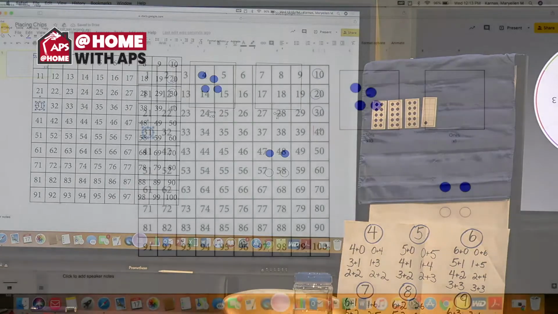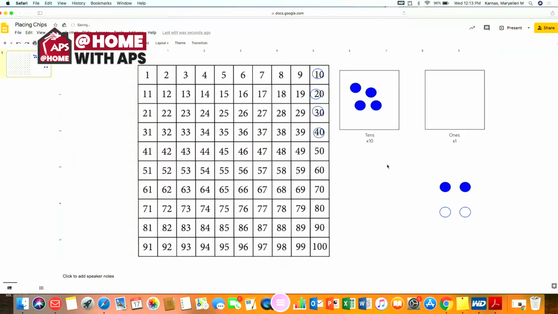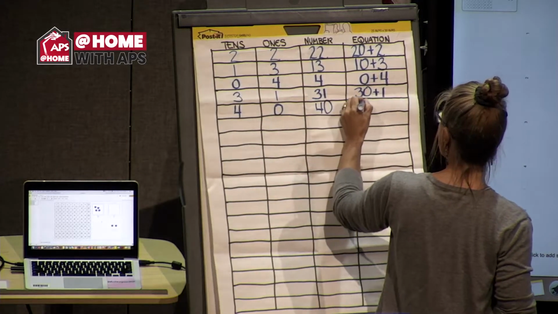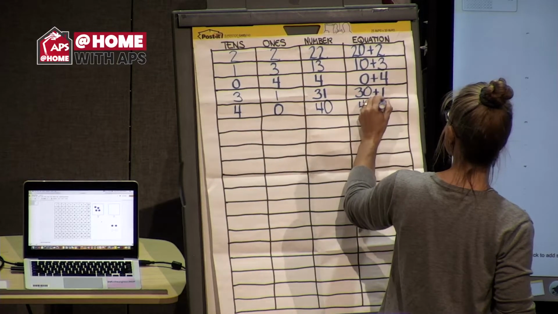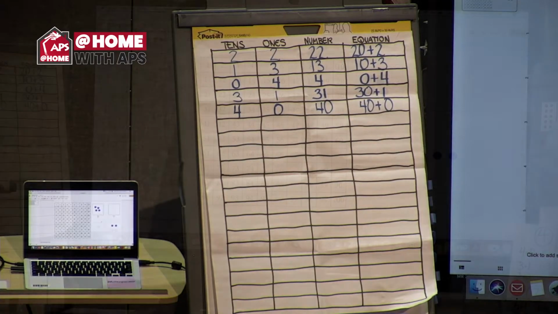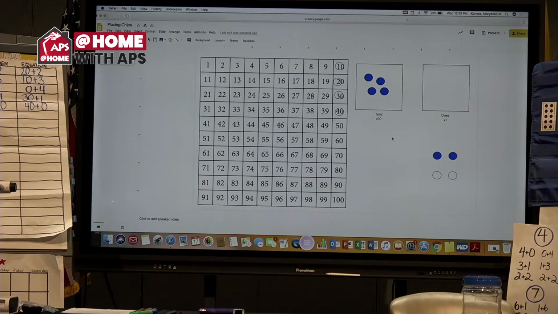And if I do that, what do I end up with? 4 10s, 0 1s. 40 is my number because I have 4 10s, which is 40, plus 0 1s. And that changes this over here into lots of dots, right? 40, do you think that one might be our biggest number?